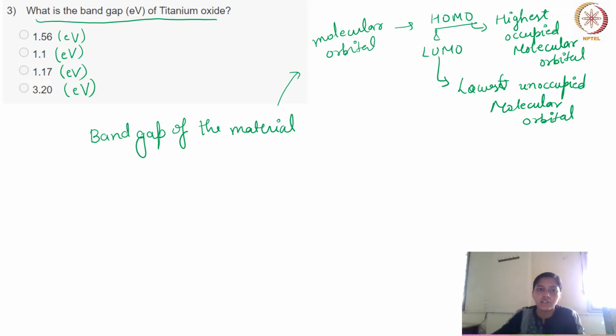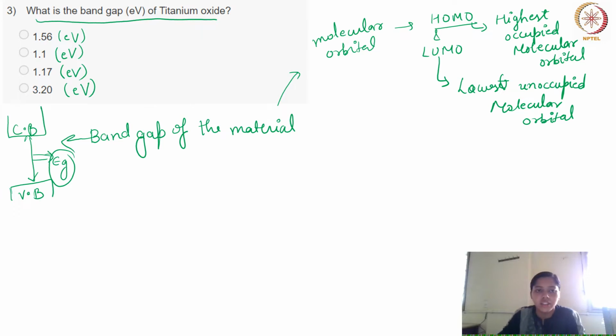We can also relate it in terms of bands: the separation between the valence band and the conduction band defines the band gap of the material, which is generally represented by Eg.